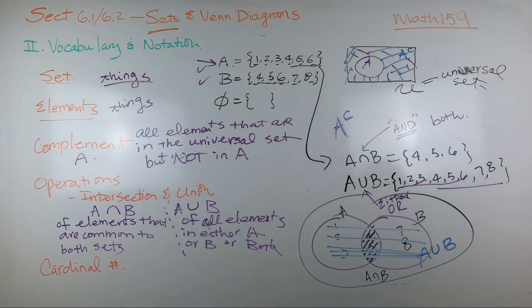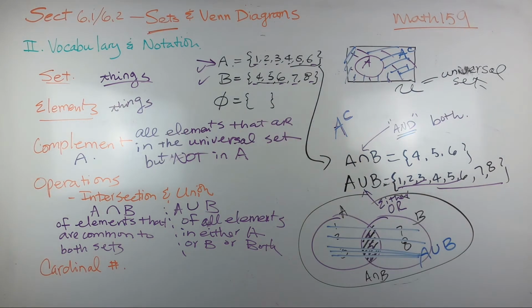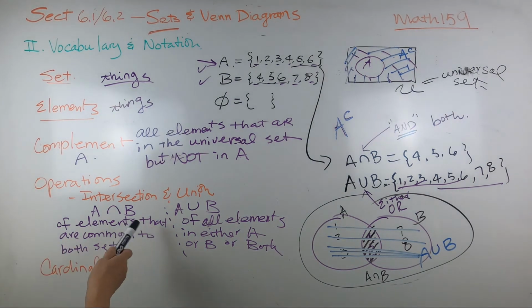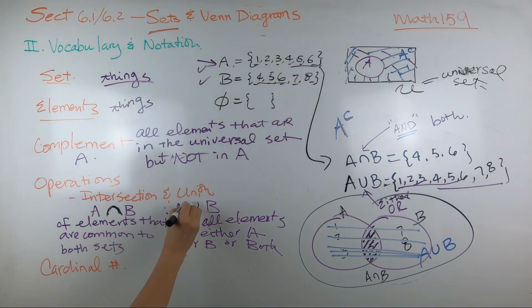Pretty straightforward, right? So those are the terminologies we are going to use, and operations like adding, subtracting, multiplying, dividing. But for sets, we use intersection and union. That's the operation for sets.